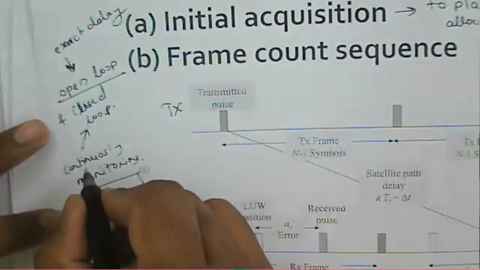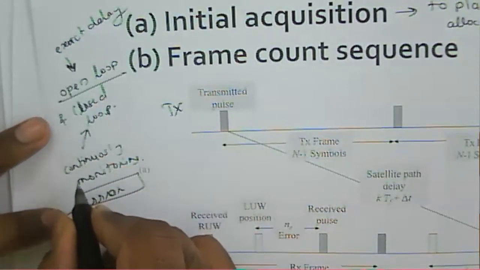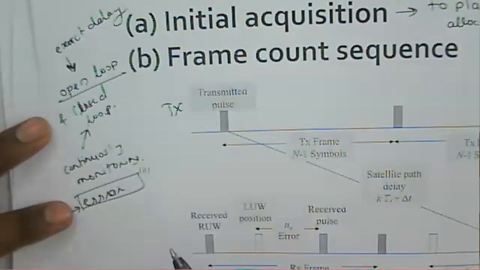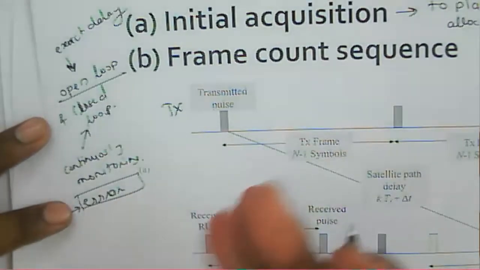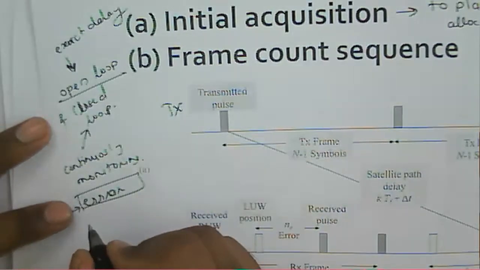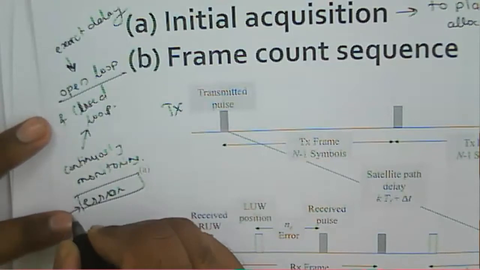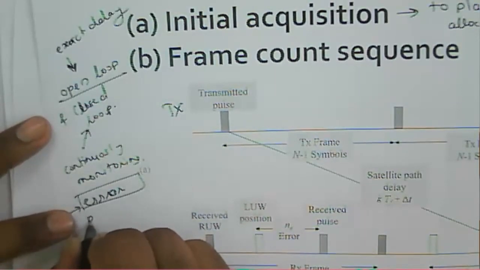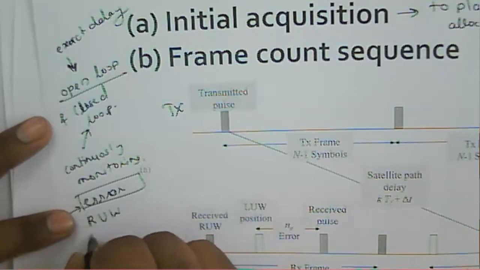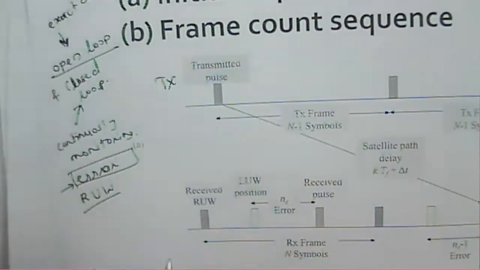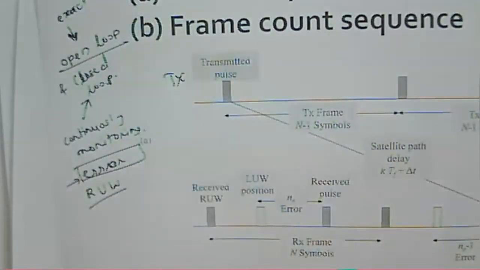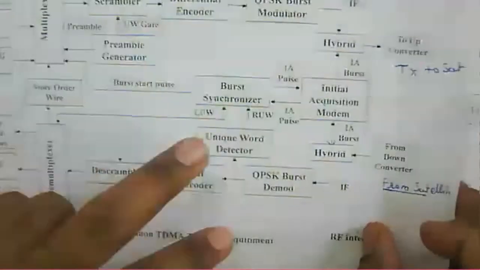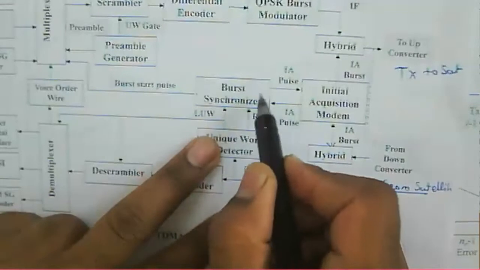Whichever receive frame is received, that frame is marked by the received unique word. So this is about bus synchronization.